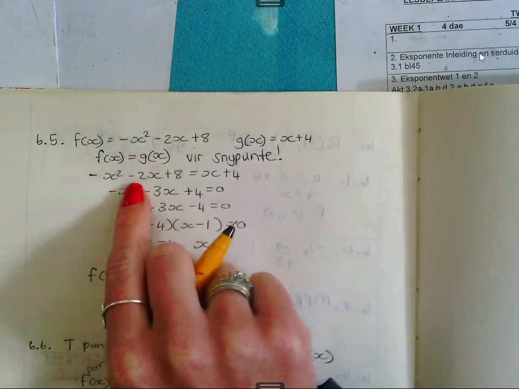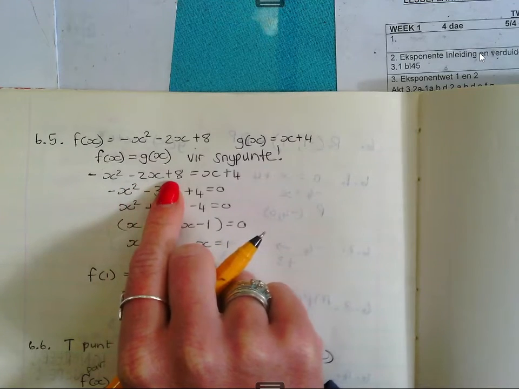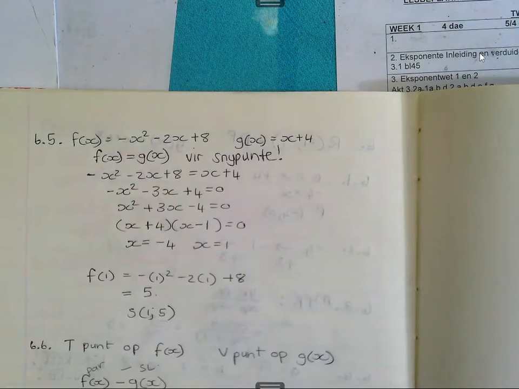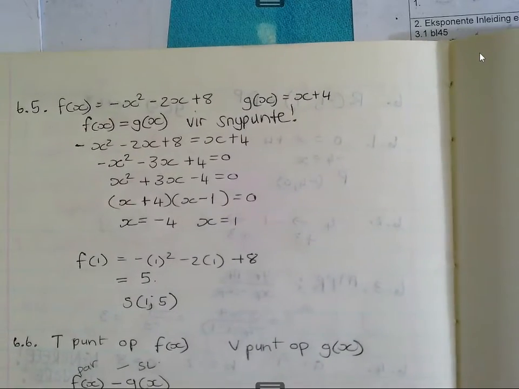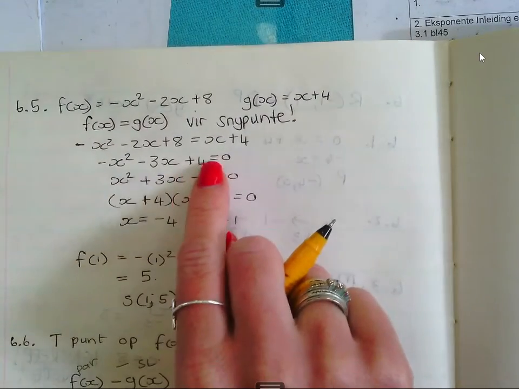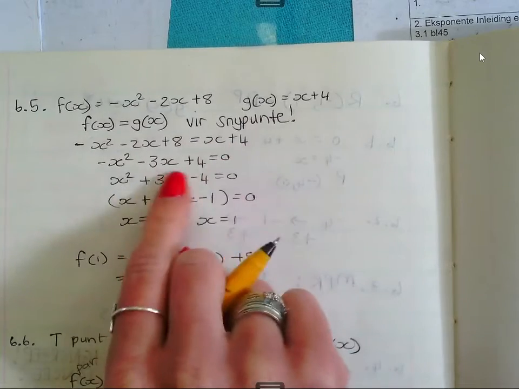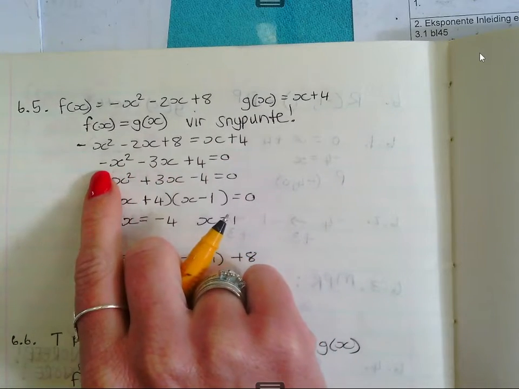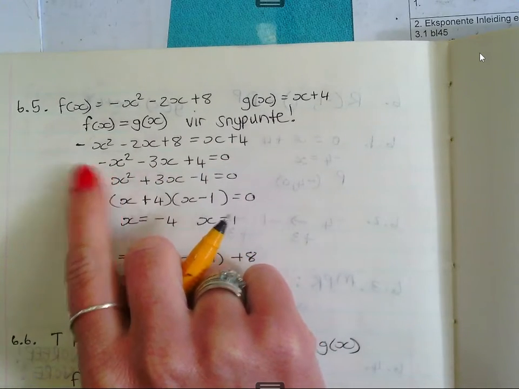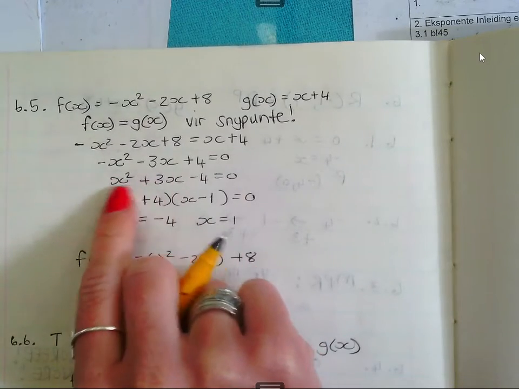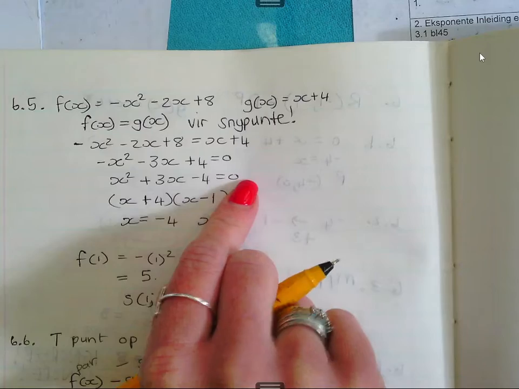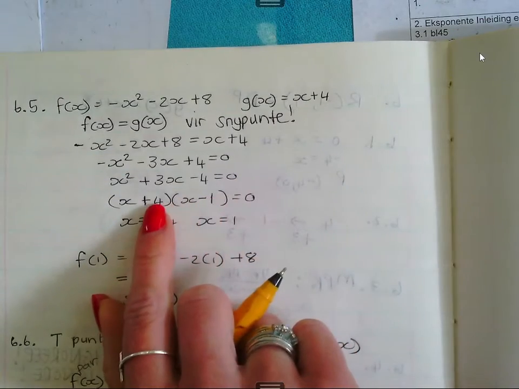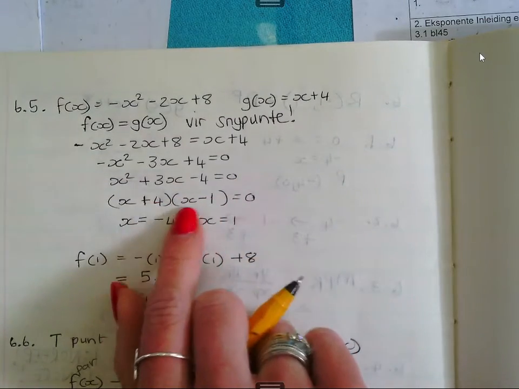Negative x squared minus 2x plus 8 equal to x plus 4. You all understand that? Okay. Then you get everything on the same side, and then I still had a negative coefficient, so I multiplied everything with a negative, so it's x squared plus 3x minus 4 equal to 0. When I factorize, I get the two answers, negative 4 and 1.